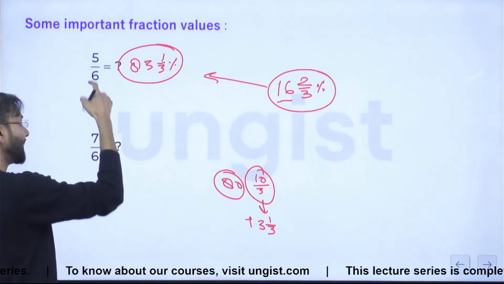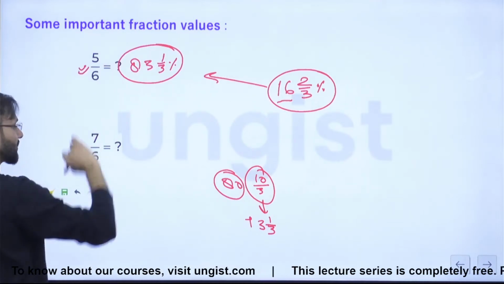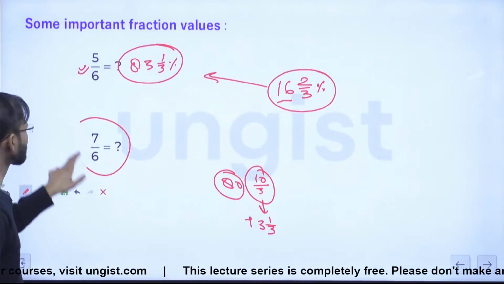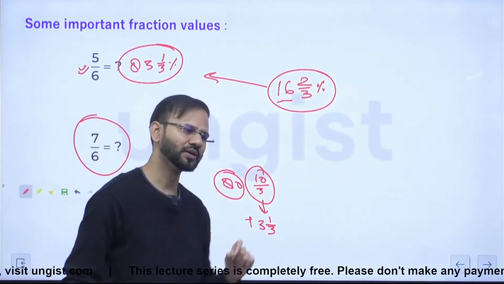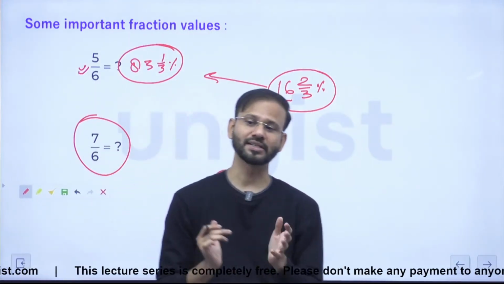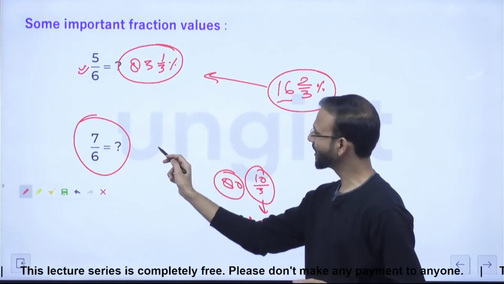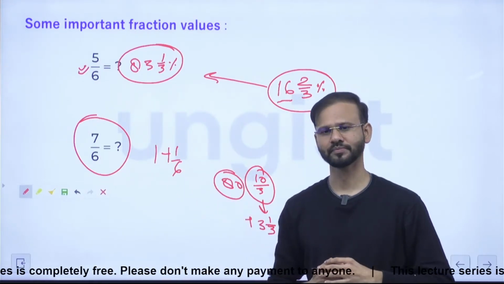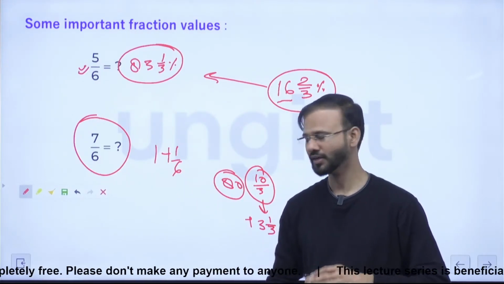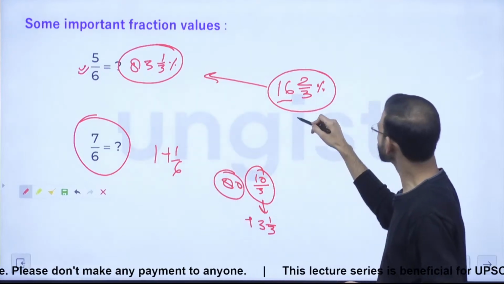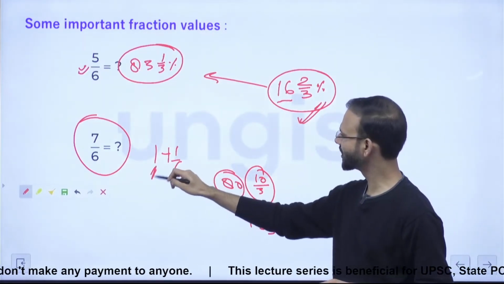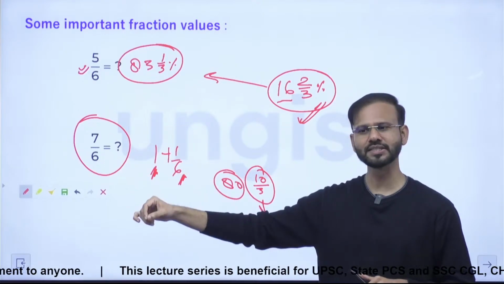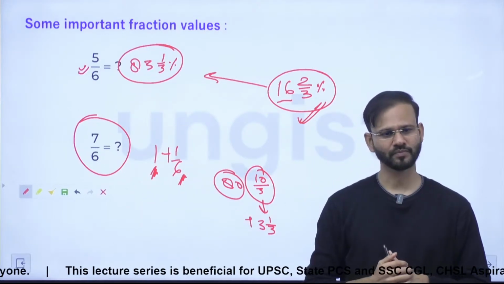And guys, I intentionally took these two values together. Why? I'll tell you. Just think about it. Don't think about this value as 7 by 6. Think about this value as 1 plus 1 by 6. Yes or no, guys? Right? Okay. Now, if you are saying this is 16 2 by 3, so 1 is equal to 100, and this is 16 2 by 3, so the entire value becomes 116 2 by 3%. Yes or no?